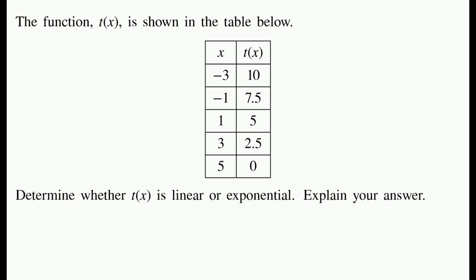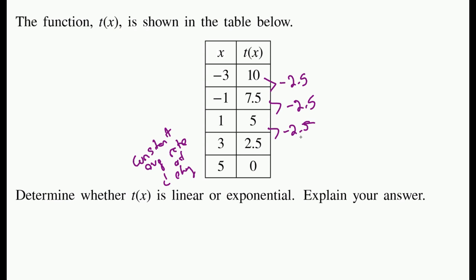Determine whether t is linear or exponential. So let's see if I have a constant average rate of change. To see if it has a constant average rate of change, we look at the slope. Minus 2.5, minus 2.5, minus 2.5, minus 2.5. That's my change in y, which appears to be constant.